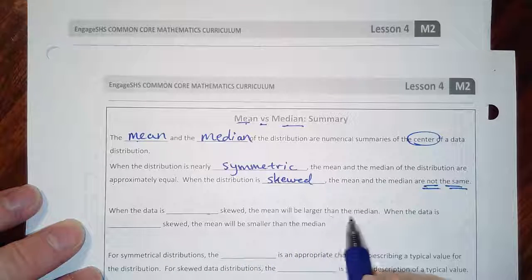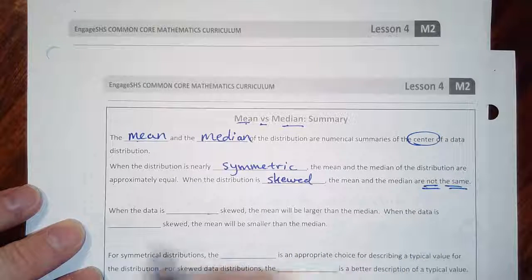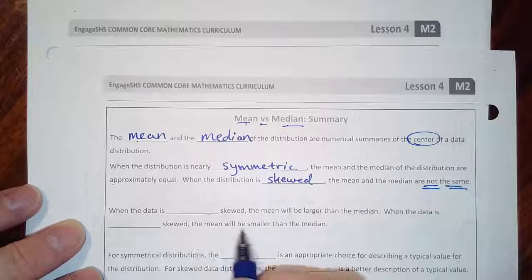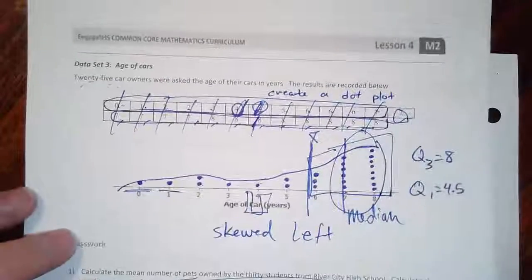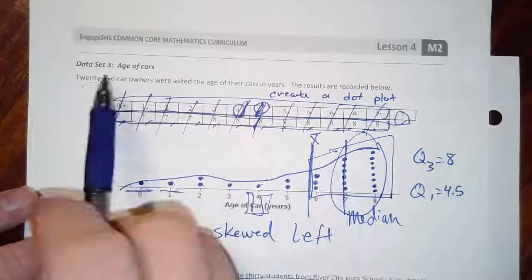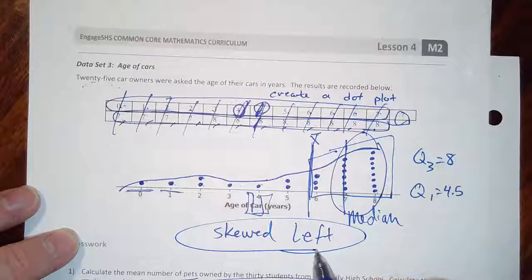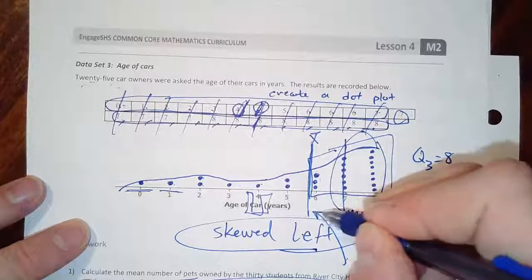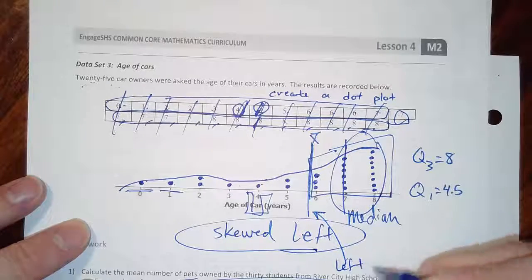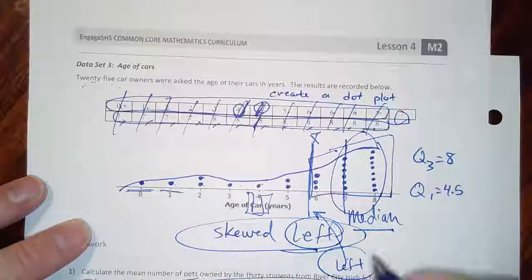Hey, like they rhyme. It's like the skewness is pulling the average in its direction. So when the data is skewed to the right, the mean is larger. It'll be higher numbers. When the data is skewed left, the mean is smaller.